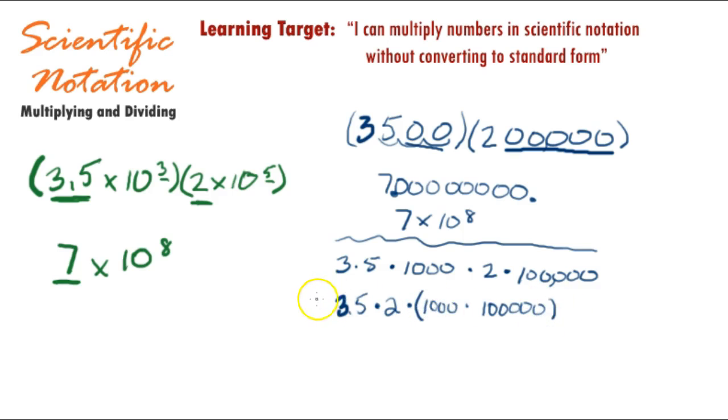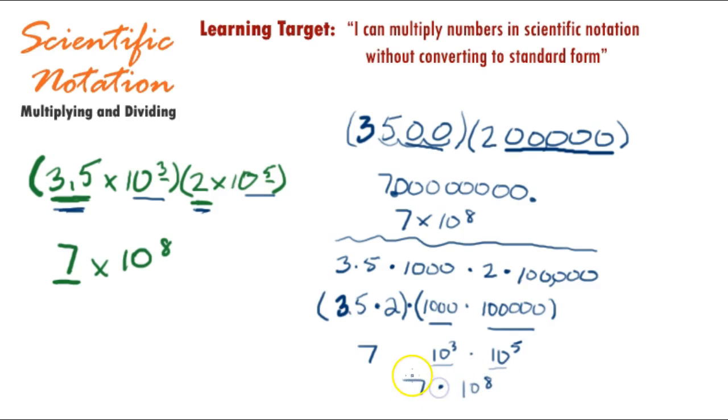I have the 3.5 times 2 part, which is what I did in the very beginning, and that's 7. And then I have the 1,000 times 100,000, or in other words, 10 to the 3rd times 10 to the 5th part, which is exactly what I multiplied to get 10 to the 8th, because we know if we have the same base, we keep the base and add exponents. So that's where we get our rule from, because it works every time.